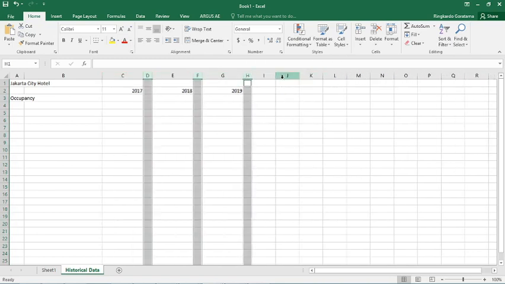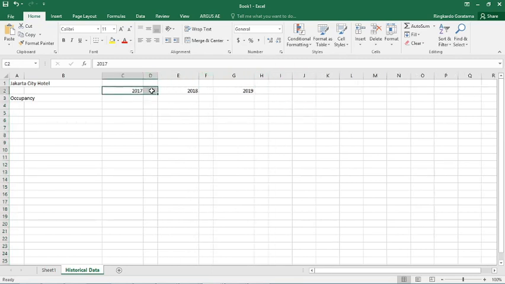This will be the percentage. The occupancy in 2017, let's say, is around 50%, in 2018 they have growth to 65%, and this one is 70%.